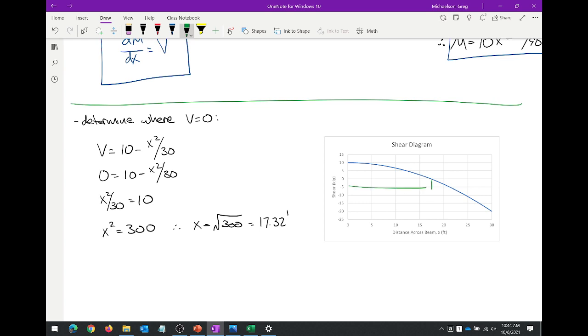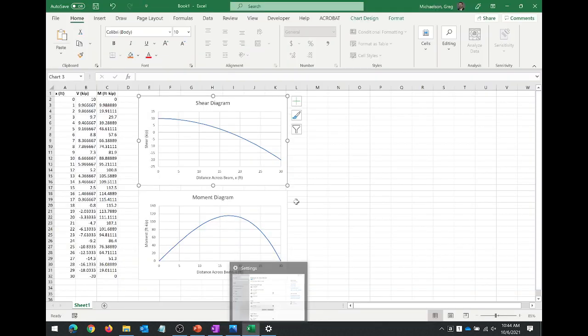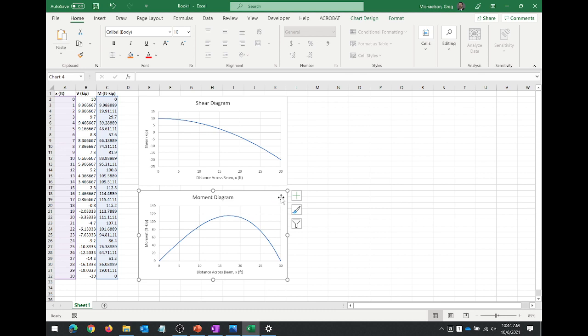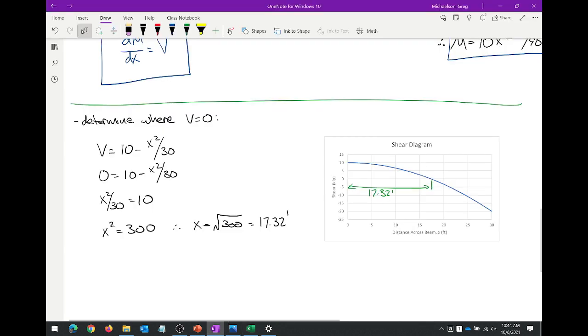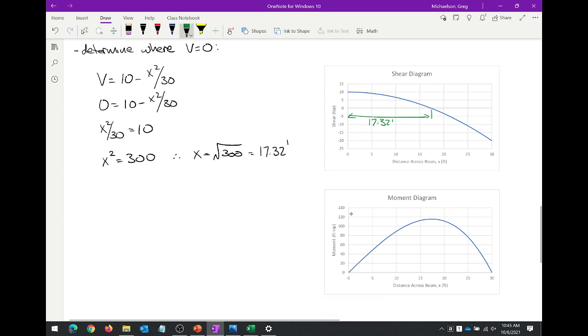That dimension right there, that's about 17.32 feet, right? Why is that value important? Because if you go to the moment diagram, that's right here.